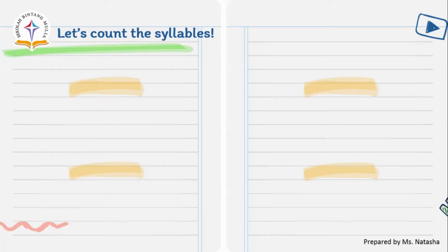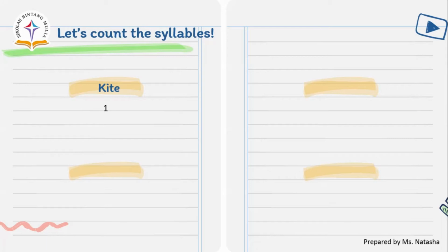Let's count the syllables of these words. First, we have, can you say it? That's right, it's a kite. How many syllables do we have in the word kite? One. How do you know? Great job. Let's count together. Get your hands ready to clap.